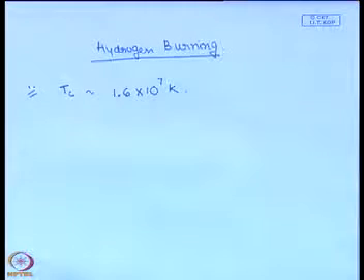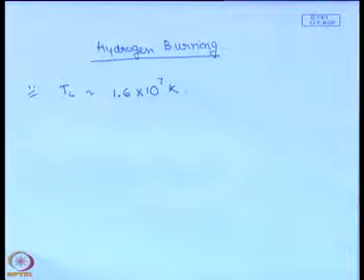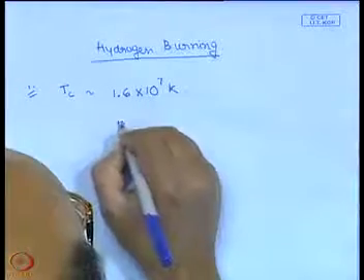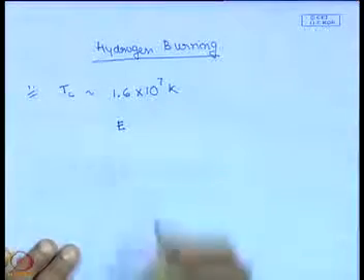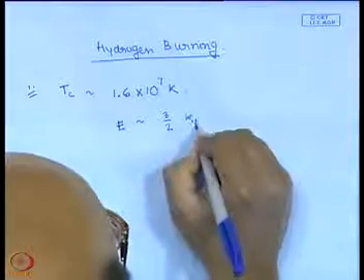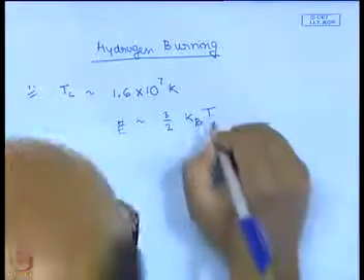And we know from kinetic theory that the average energy of a particle at this temperature is 3 by 2. So, the typical kinetic energy of such a particle is of the order of 3 by 2 the Boltzmann factor into the temperature.